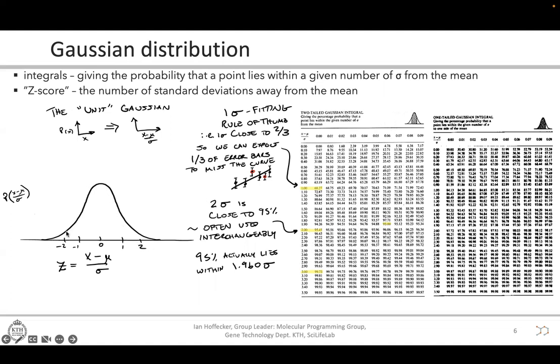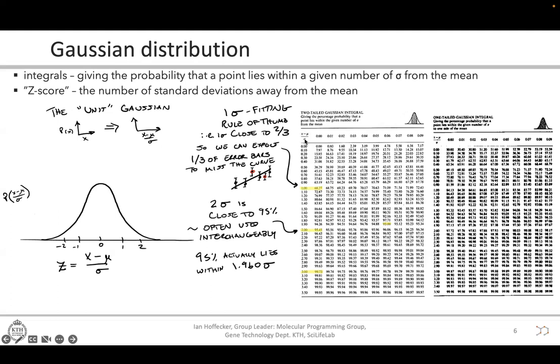And so this curve here is what's called the unit Gaussian. And the unit Gaussian is a way for us to connect standard deviations with probabilities. So you have tables here, for example. So this is the 2-tailed Gaussian integral table. And what we're looking at here is the areas under the curve and how many standard deviations they correspond to.